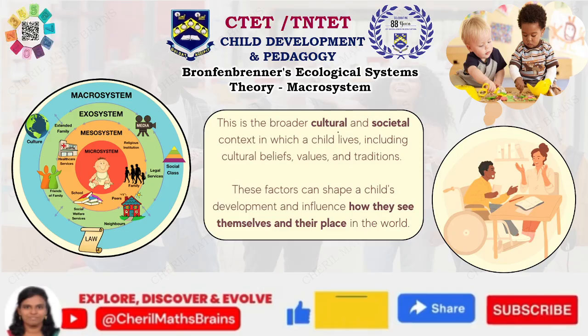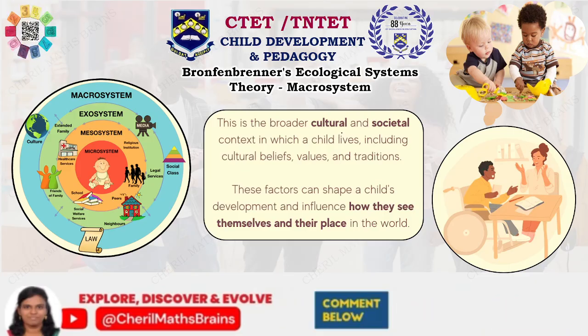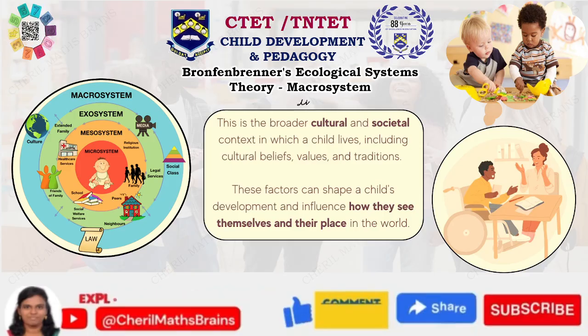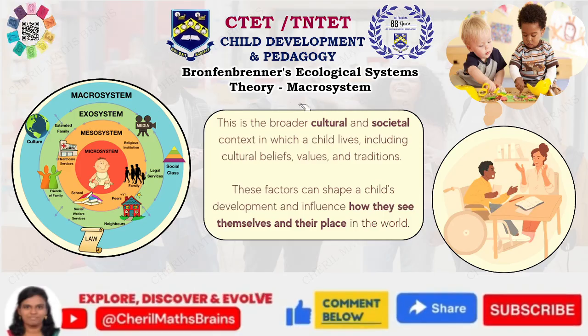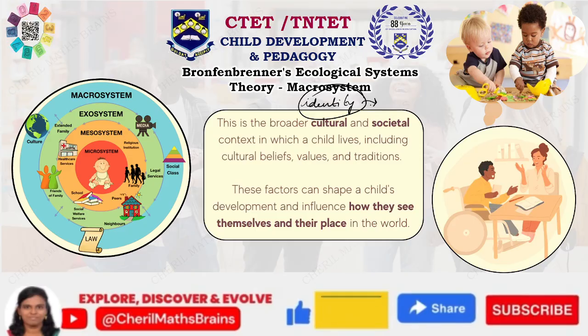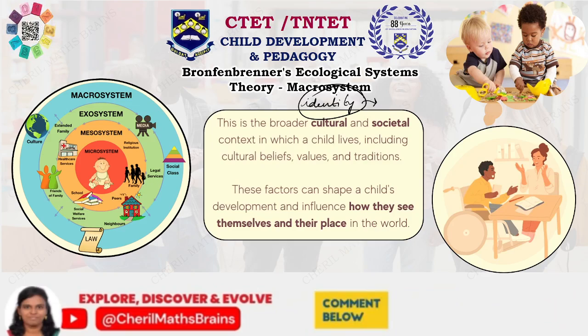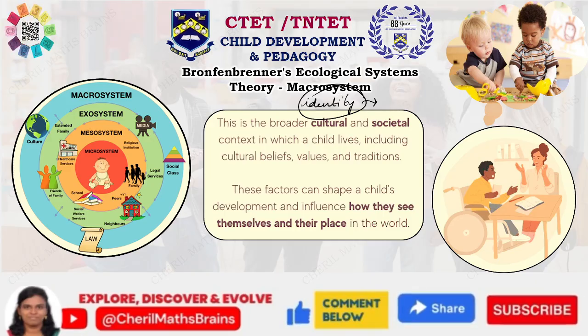All this shapes the child's beliefs, values, traditions, and culture. The child will be able to find out his or her own identity and their position in the ecological system. That is a major contribution of the macrosystem in a child's development through the socialization process.